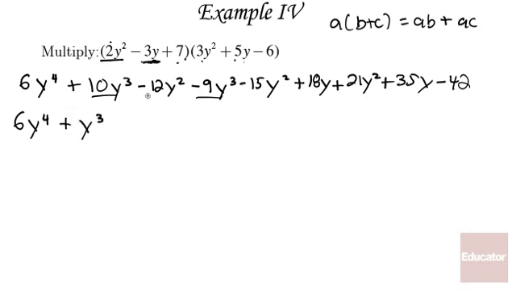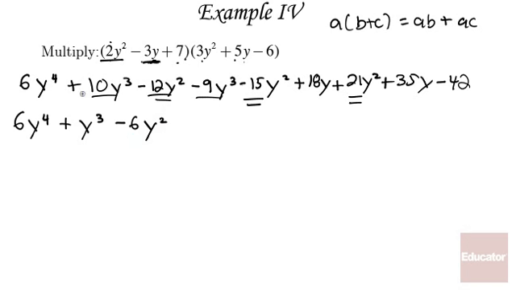Okay? Now I have a negative 12y squared, and I have a negative 15y squared, and I have 21y squared. So I have 3 terms with y squared. And these add up to give me negative 6y squared.